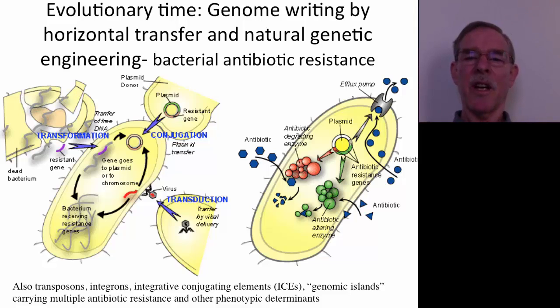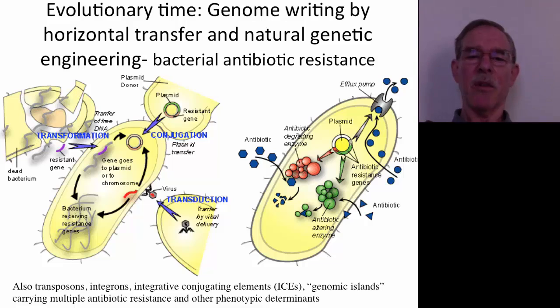But when scientists went out into nature and asked how was antibiotic resistance spreading in the clinics once we were using antibiotics in medicine and agriculture, it turns out that horizontal transfer and various other mechanisms like plasmids and transposable elements and so forth were important components of the antibiotic resistance evolution.